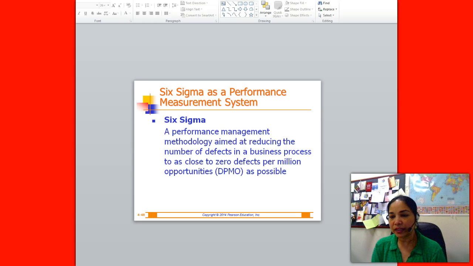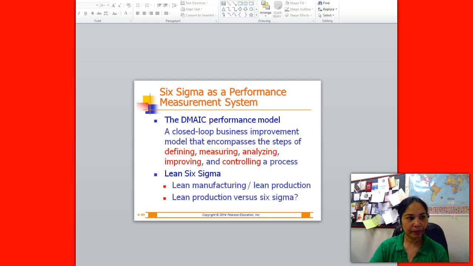Six Sigma is a performance management methodology aimed at reducing the number of defects in a business process to as close to 0 defects per million opportunities as possible.